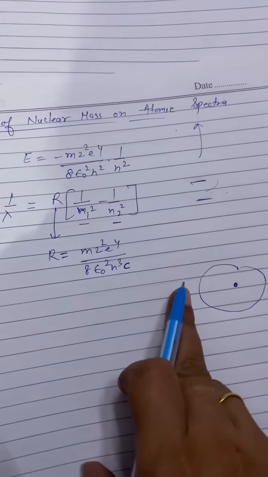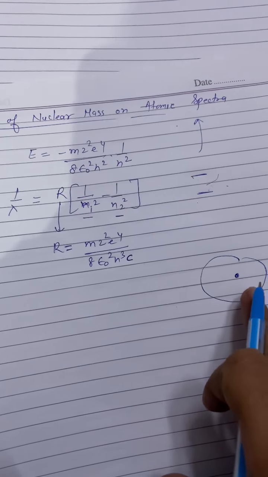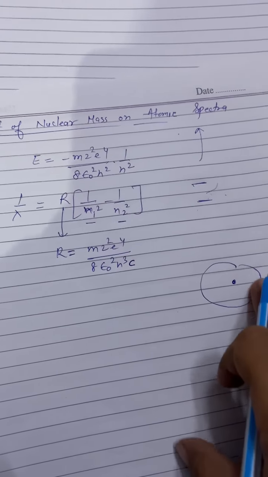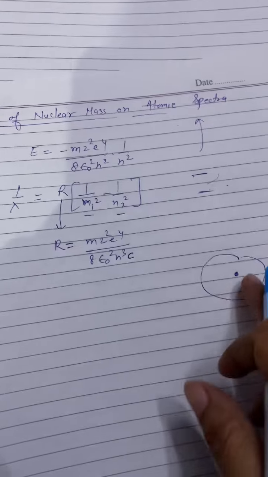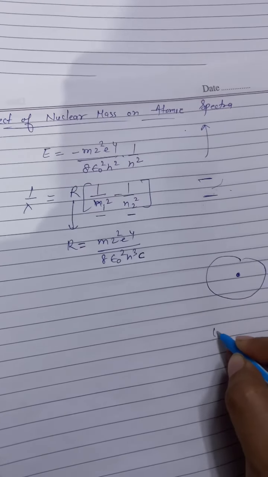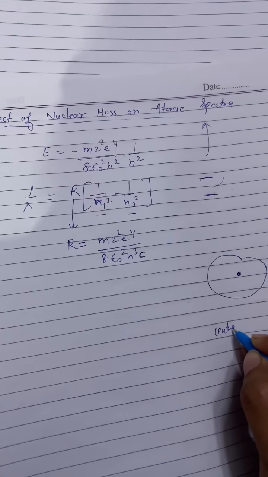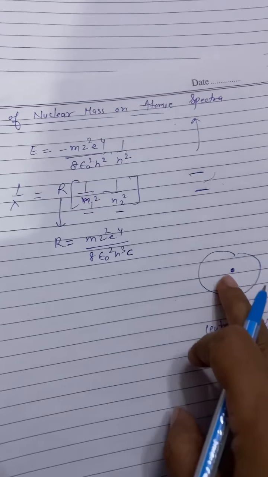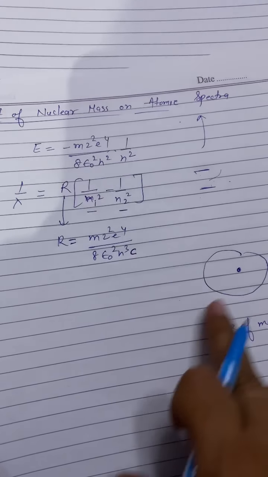Now if we consider the revolution of nucleus and electron inside this atom around a common center, that is the center of mass, around which both the nucleus and the electron are revolving.